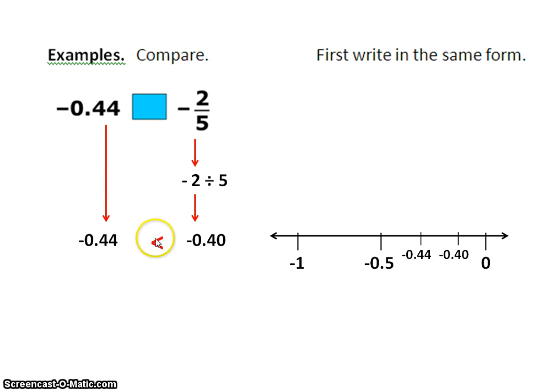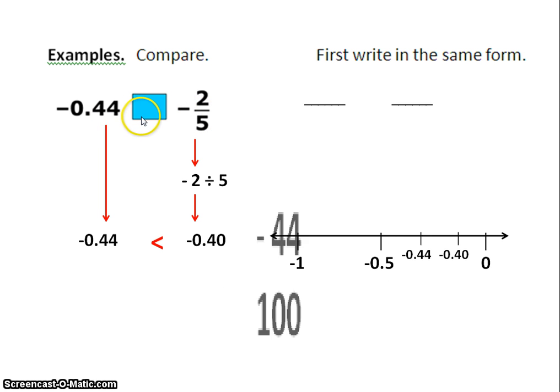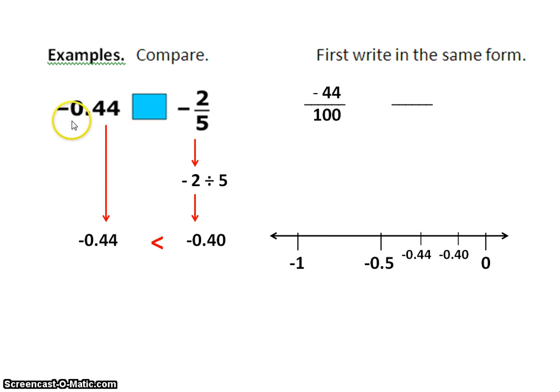In this example, we converted this fraction into a decimal and compared it to the other decimal. What we could have done from the beginning is convert this decimal into a fraction and then write two fractions and compare them. Now, negative 0.44 could be read as negative 44 hundredths.